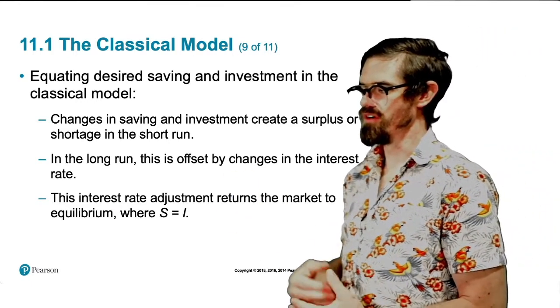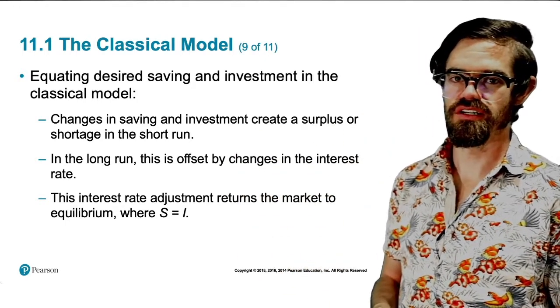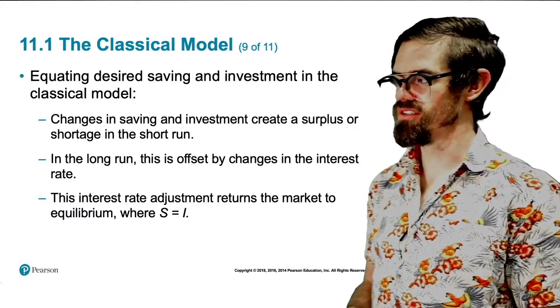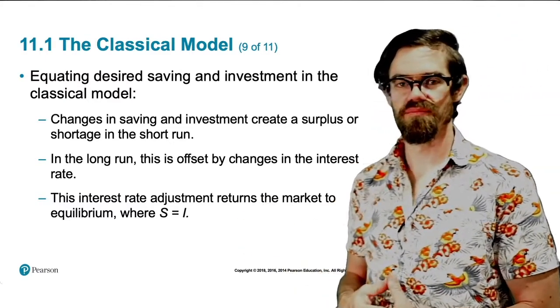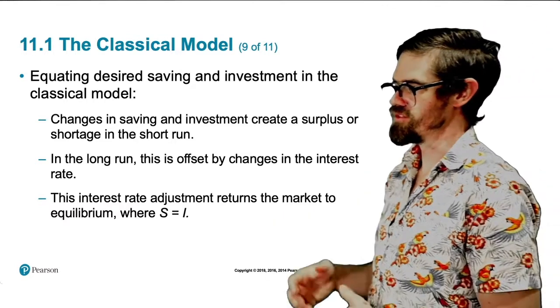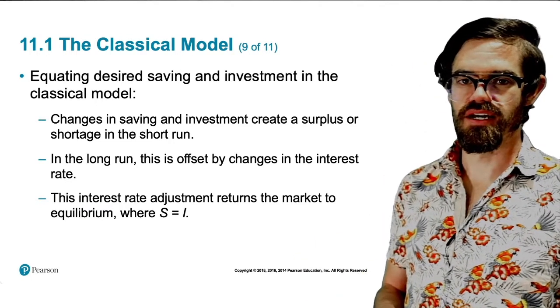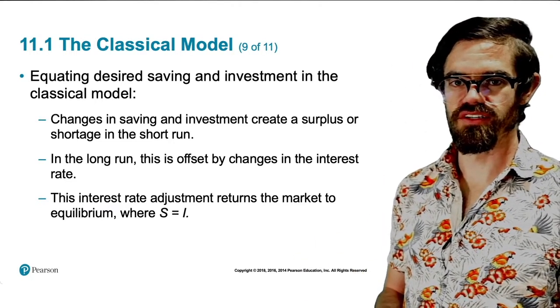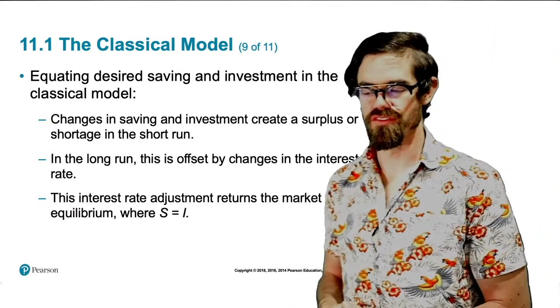But over the long run, prices adjust, the price of borrowing money adjusts, interest rates adjust, and so this will eventually be offset by a change in the interest rate. And when the interest rate returns to the equilibrium, supply of money in terms of savings exactly equals the demand for money in terms of investment.